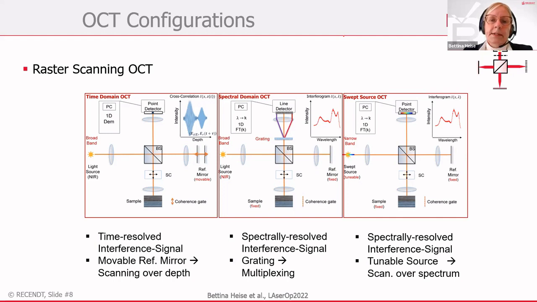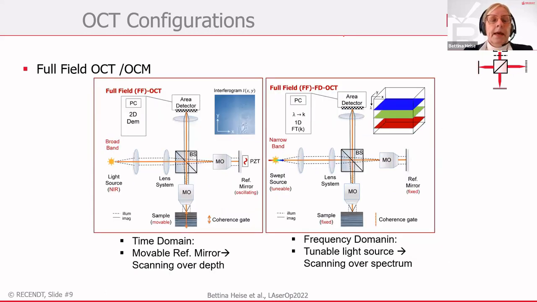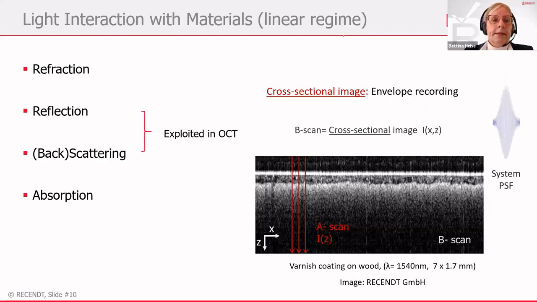That is more or less a realization of this technique in Fourier domain, where we measure the spectrally resolved interference. And we can have it as in raster scanning methods, and we can also realize it with an area illumination as in full field OCT or full field OCM. And in such a way, we get this information.